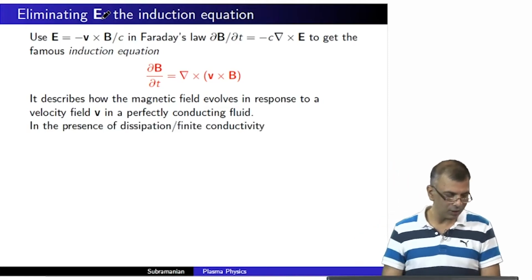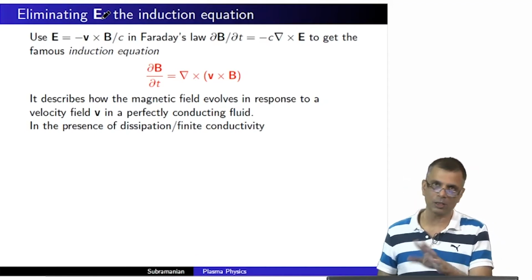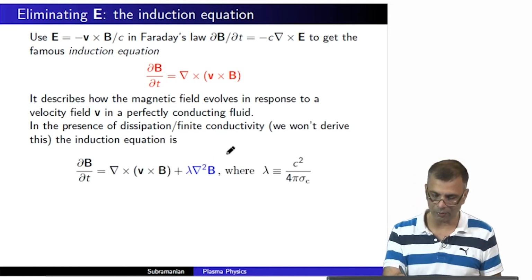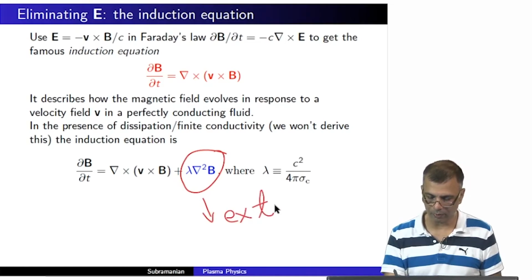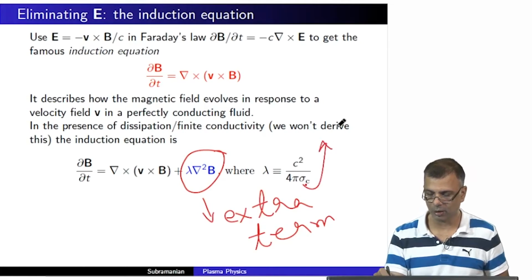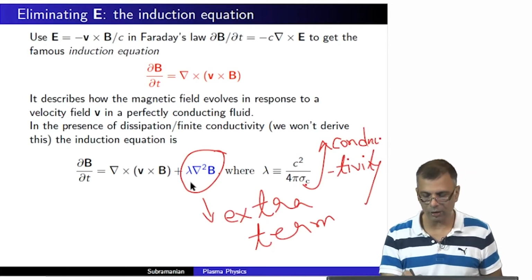However, we will not derive this, but we will say this: in the presence of finite conductivity, in other words in the presence of dissipation, the induction equation has this extra term. This is an extra term, where this lambda is related to the conductivity sigma c. This is the conductivity. Okay. So, you have the conductivity in the denominator here.